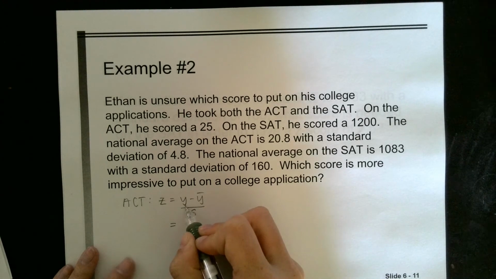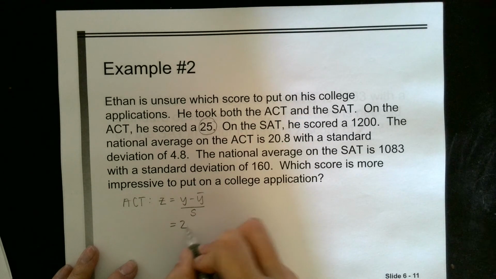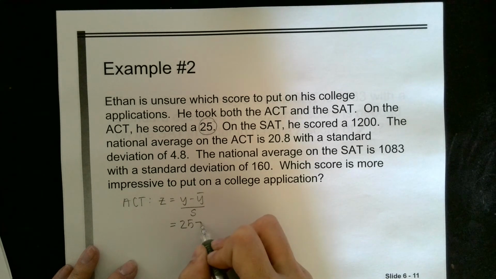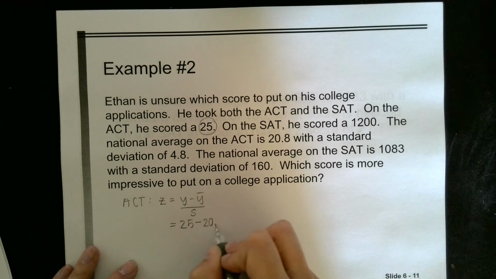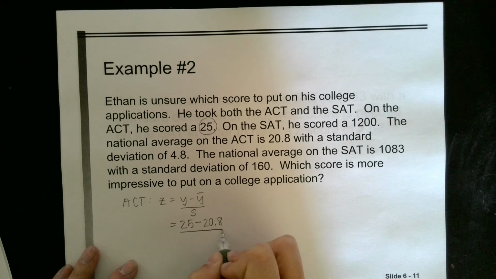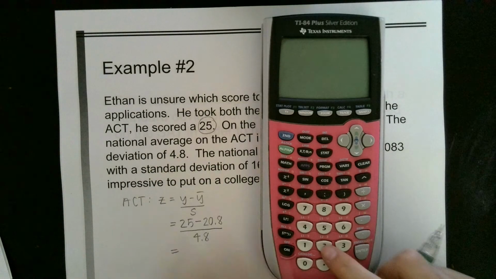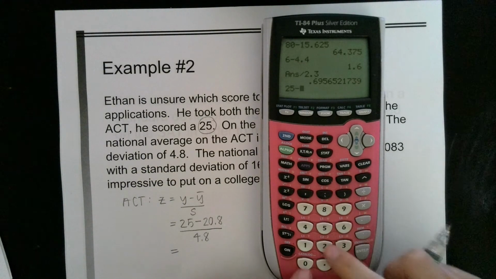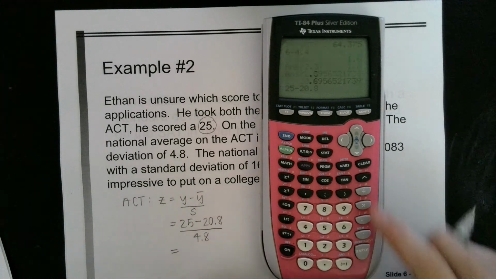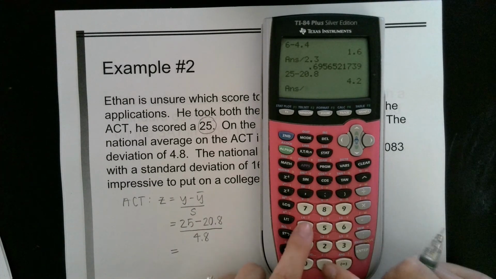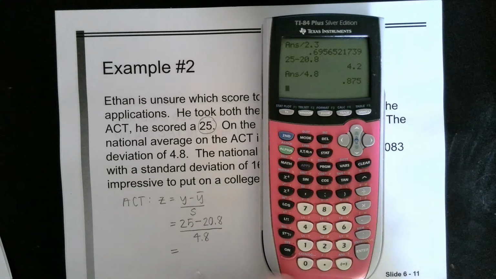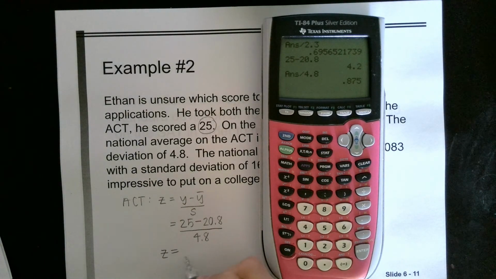Okay, Ethan's score on the ACT was a 25. The average was a 20.8. And the standard deviation was 4.8. Using my calculator, I find this z-score is 0.875.